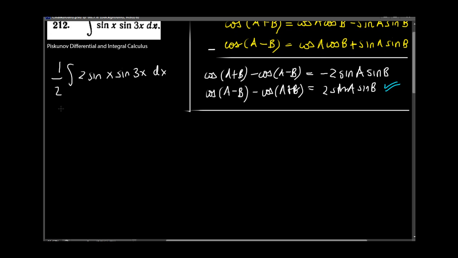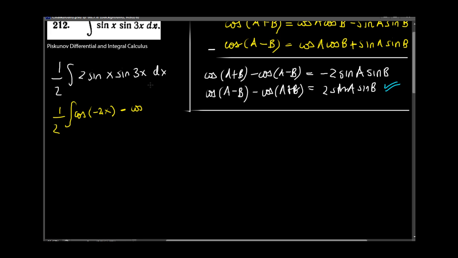So this is 1/2 times the integral of, so I'm going to write this as this. So instead of a and b, we have x and 3x. So this becomes the cosine of a minus b. A minus b is negative 2x minus cosine of a plus b.